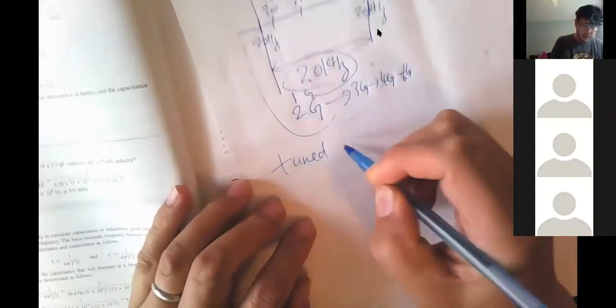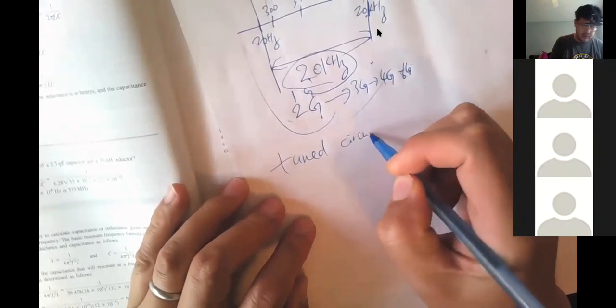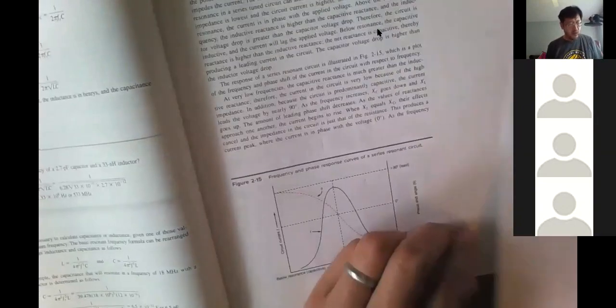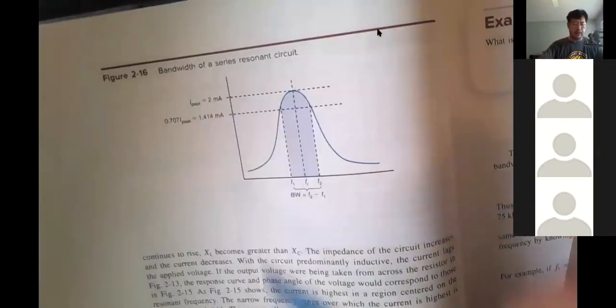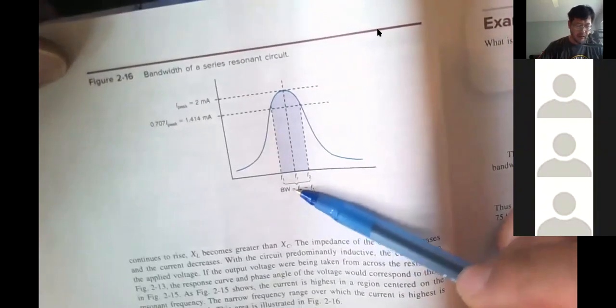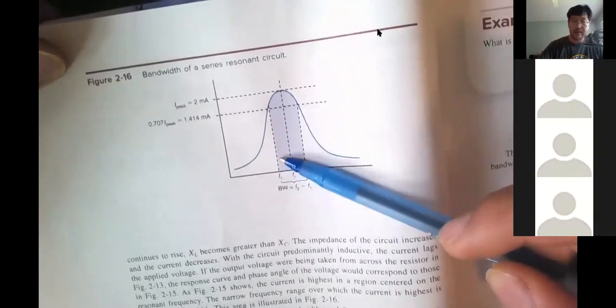So when we listen to music or watch TV, we are talking about a tuned circuit. What exactly is a tuned circuit? Suppose I'm listening to 89.3.